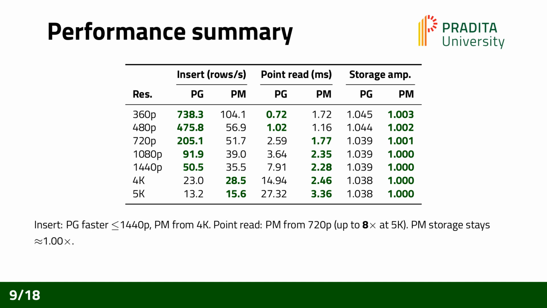There's one column where PM wins across the board, and that's storage amplification. The hybrid keeps storage essentially at 1.00 times the raw data, while inline PG carries a few percent of overhead. So the headline is that neither approach dominates everywhere. The best choice depends on how big your images are.